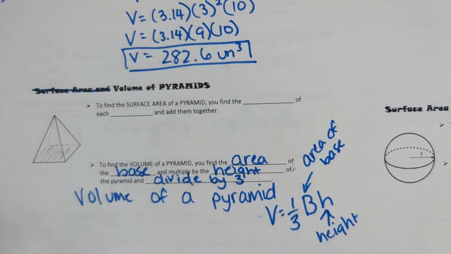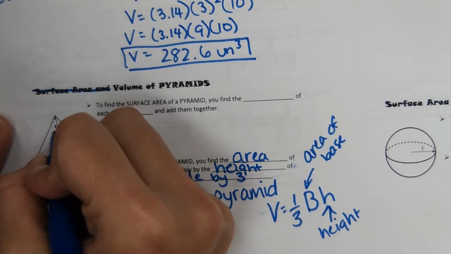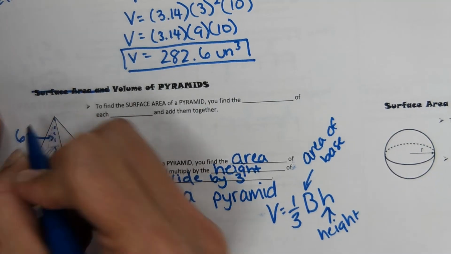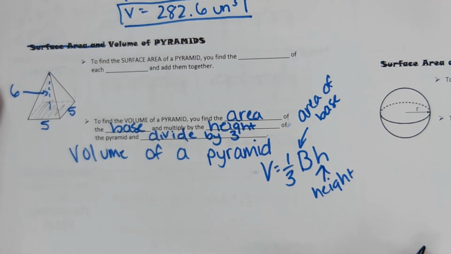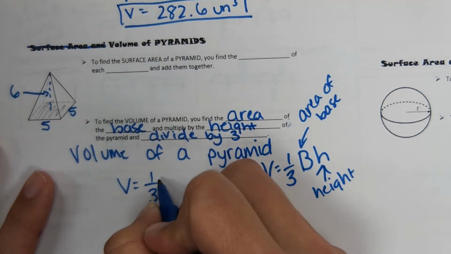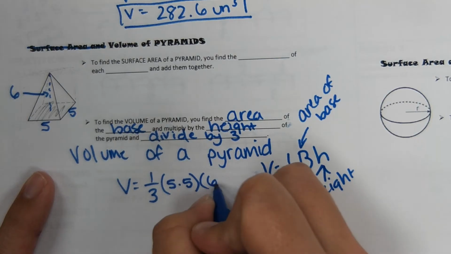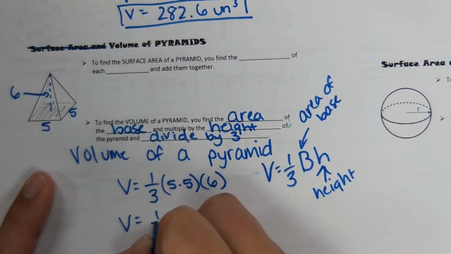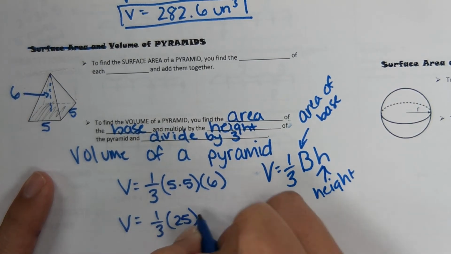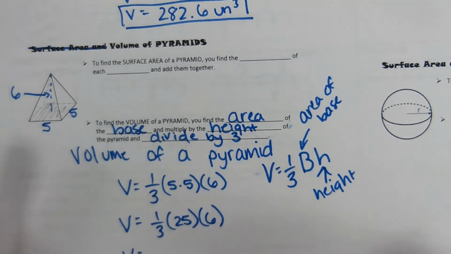Okay, the dimensions here we'll go with 5, 5, and then a height of 6. Volume equals 1/3. The base is a square, so just 5 times 5, and then the height is 6. There's different ways you could do this in a calculator.